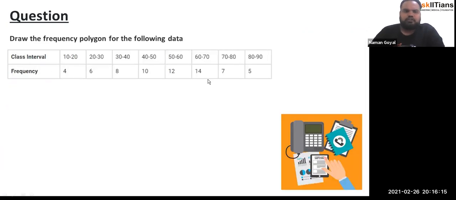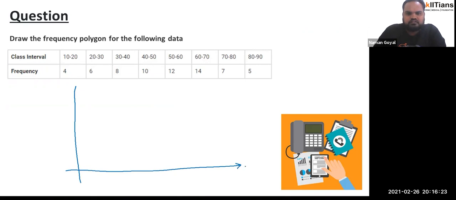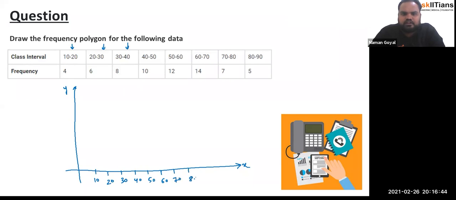First of all, we have to draw the axes. This is the x-axis and this is the y-axis. On the x-axis, the marking is 10 to 20, 20 to 30, 30 to 40, so we take 10, 20, 30, 40, 50, 60, 70, 80 and 90.